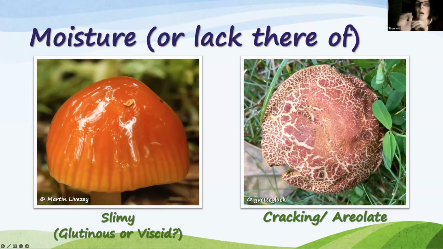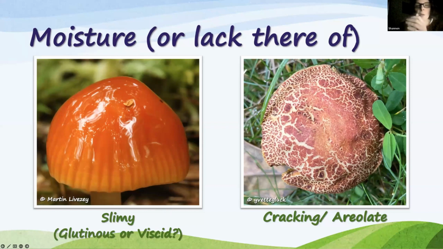It's a rather trivial distinction, but I've also heard folks use the term viscid to describe a surface that's tacky, that has a glue-like surface texture. And regardless of whether the cap is actually glutinous or viscid, as that mushroom dries out, it can get a sort of tacky feel to it.